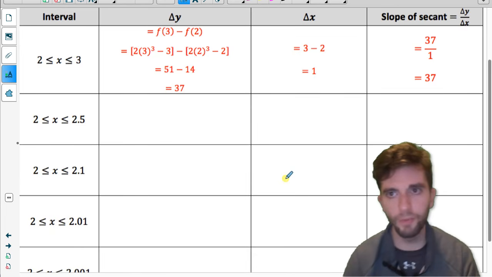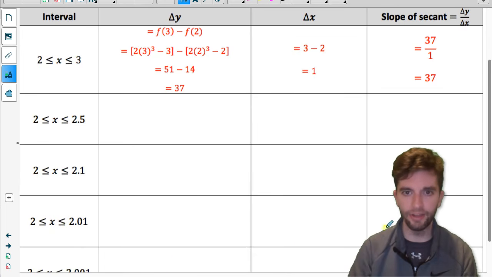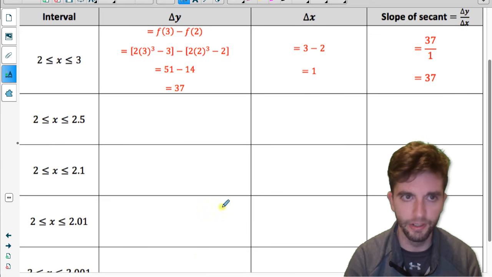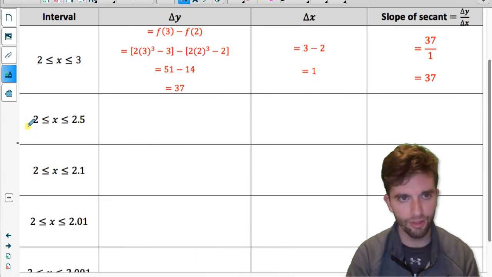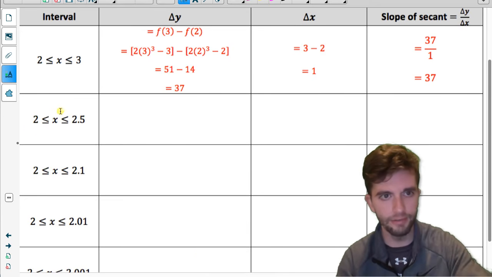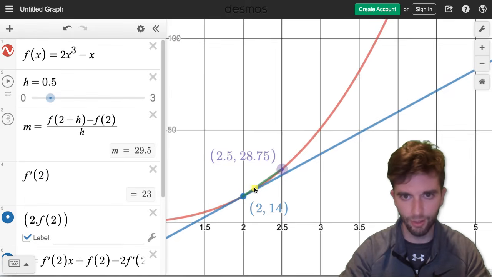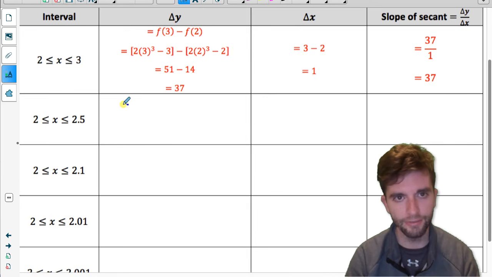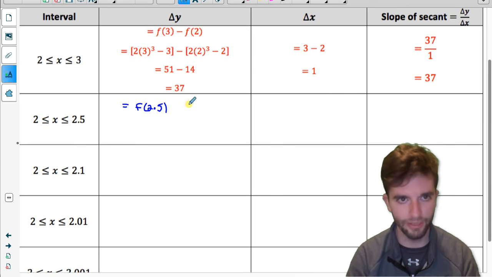Let me do one more while explaining it to you, and then I'll just fill in the rest quickly for you. So how about the secant slope connecting 2 to 2.5? That would be this green secant slope connecting those. So I would have to do f at 2.5, I would need the y value for when x is 2.5, minus f at 2. This will give me my change in y values.